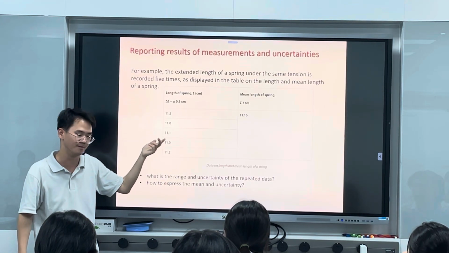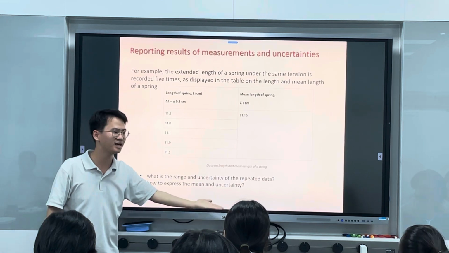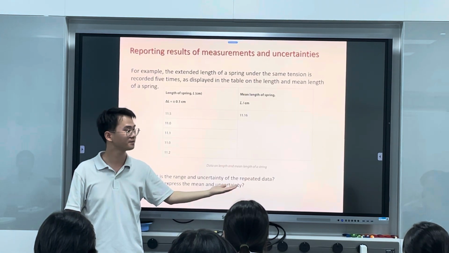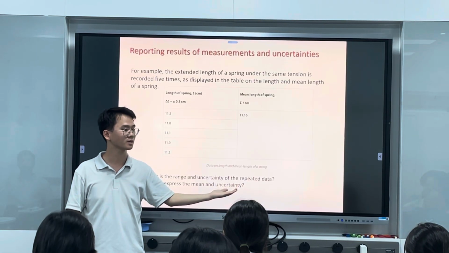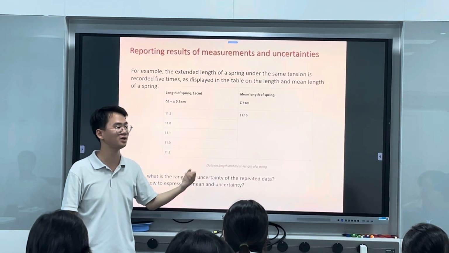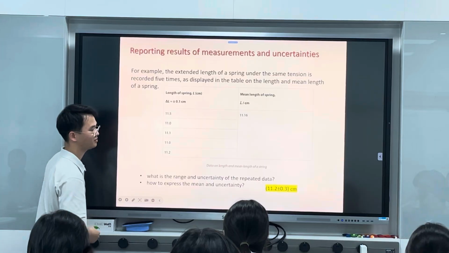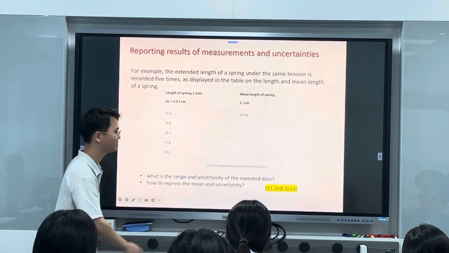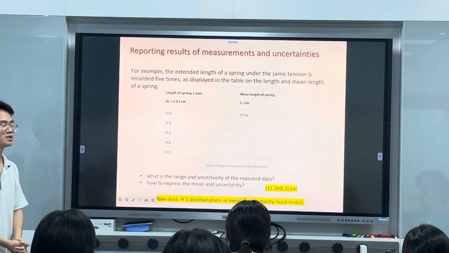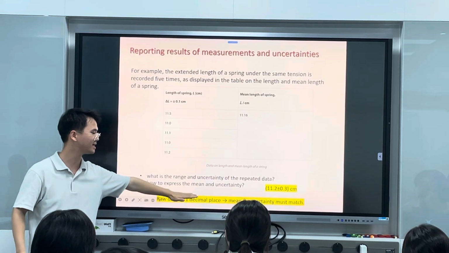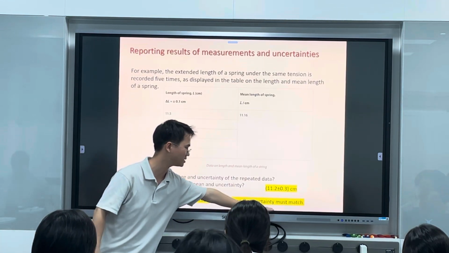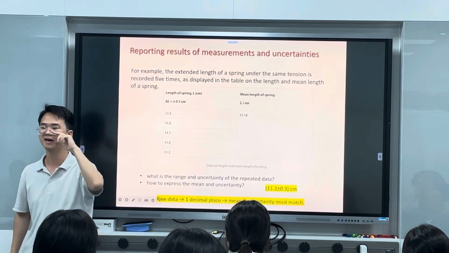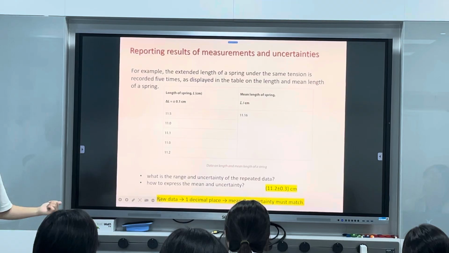That's not going to happen. So in the end, what should be the final answer that we report? 11.2 plus minus 0.3. Very good. 11.2 plus minus 0.3 centimeter. Okay? So our raw data has only 1 decimal place, so our mean and uncertainty must match. In the meantime, our uncertainty should only have 1 significant figure in this case.